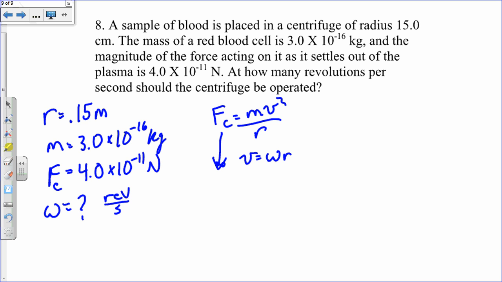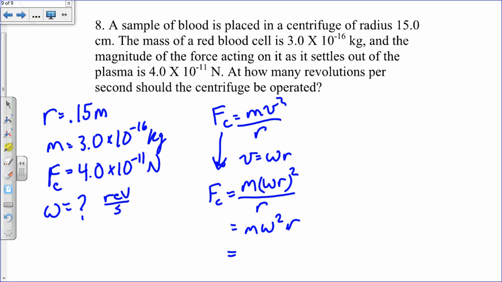I can substitute that in, and I find an alternate expression for the centripetal force, m omega r squared over r, which is m omega squared r. Now it's not dependent upon the velocity, it's dependent upon the angular velocity. It's just another way of expressing it.